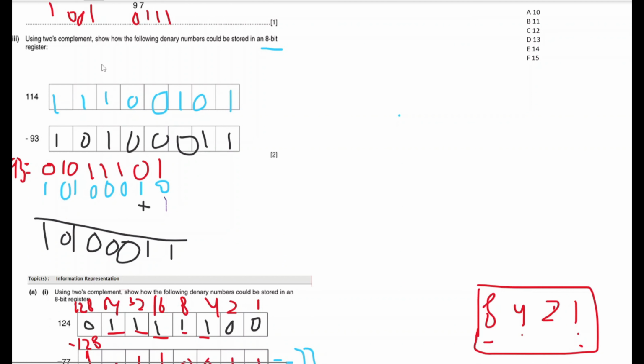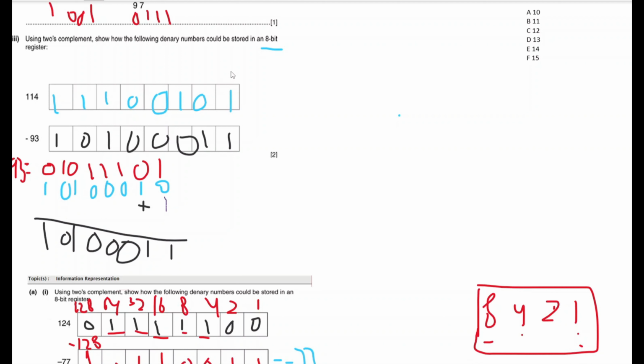The next question is: using two's complement, show how the denary number could be stored in an 8-bit register. You have been given an 8-bit register, and the value is 114, and you have to use two's complement to convert the denary number into binary. This is a positive number, so you just need to convert it into its equivalent binary number.